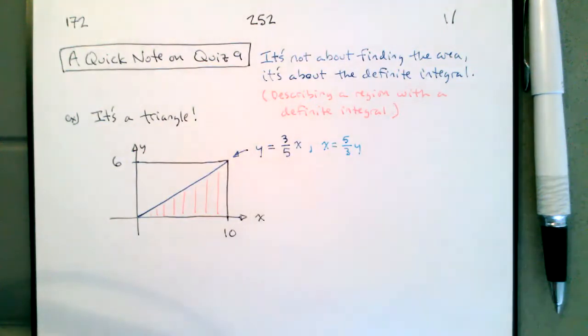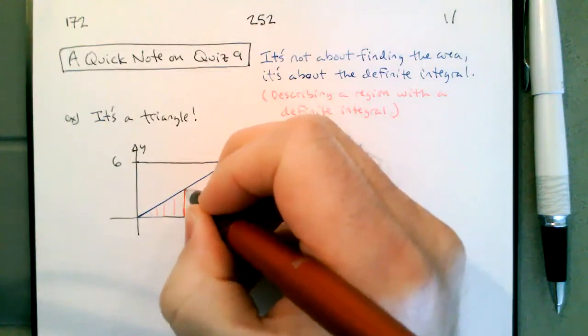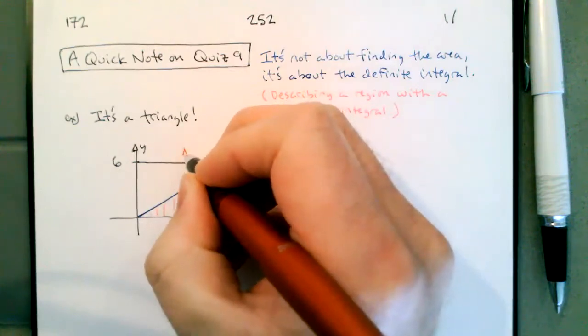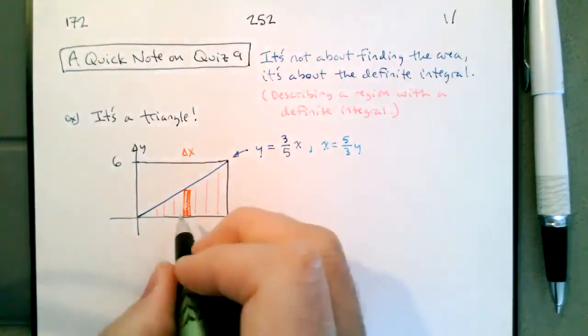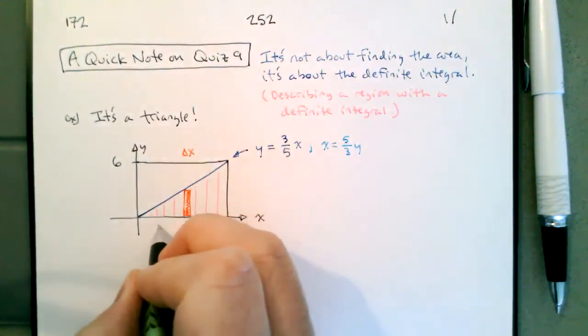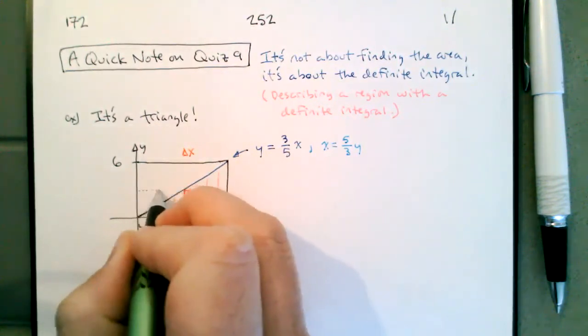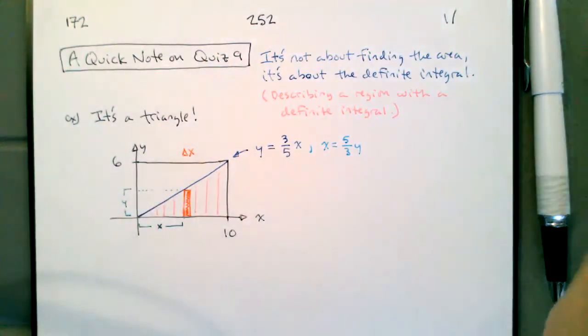Now, if I draw a dx region, a delta x region, I still want to label the x and the y on the graph. So here's x, and here's y. I still want to set up an area of the slice.